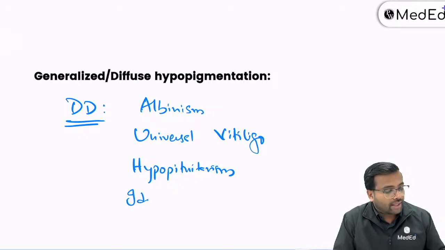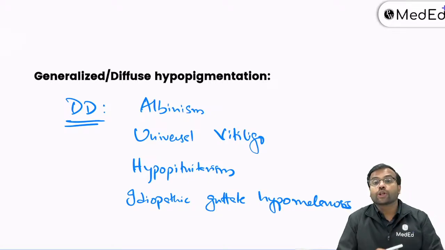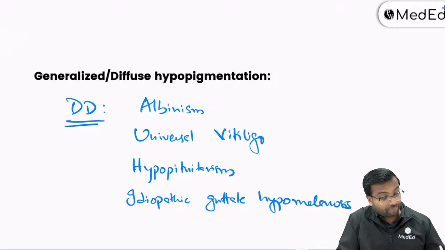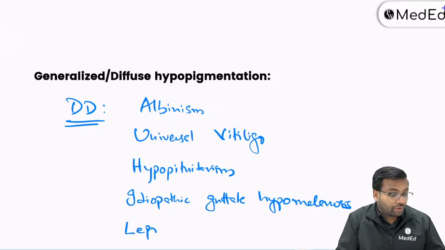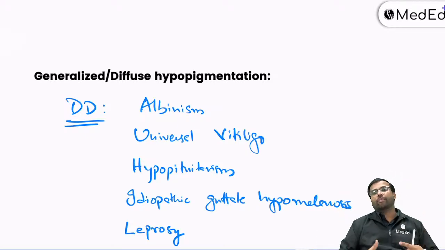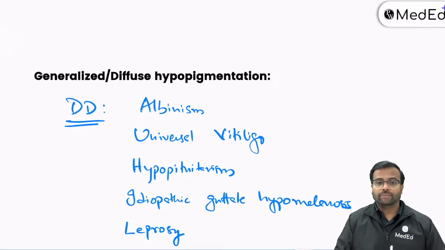So that is also another possibility. And a very good differential diagnosis can be leprosy, because as the number of lesions would increase, there is a generalized hypopigmentation. So all these things would happen in leprosy as well.